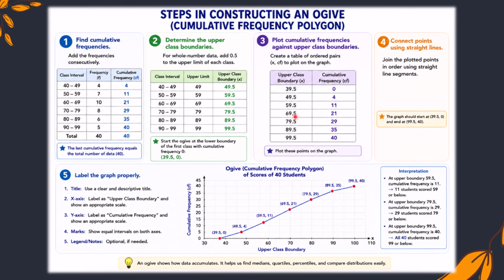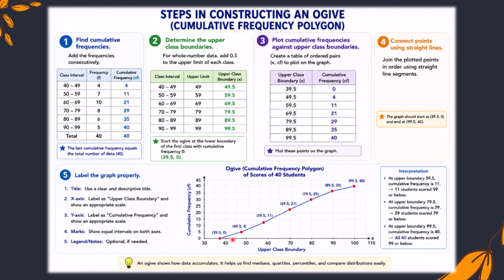Next is 59.5 and 11. 69.5 and then 21. 79.5 and 29. 89.5 and then 35. 99.5 and 40. After that, connect the points using straight lines. So we need to connect the points, and we form straight lines.